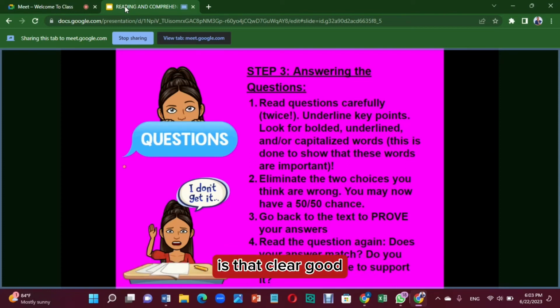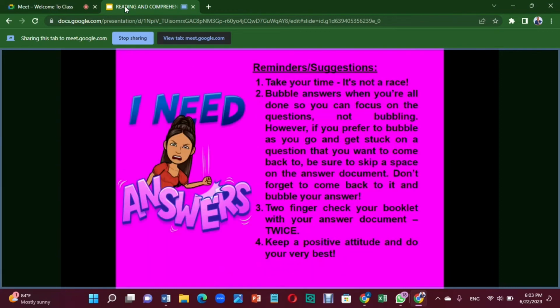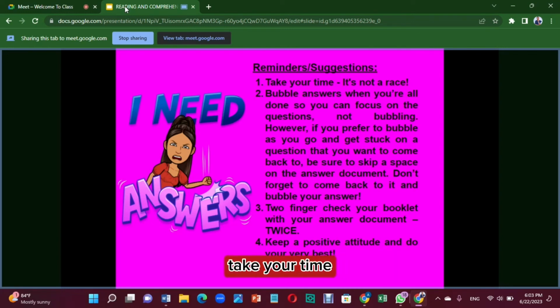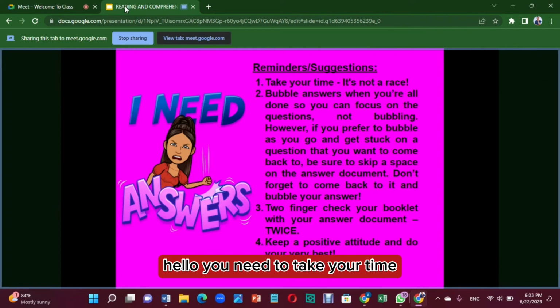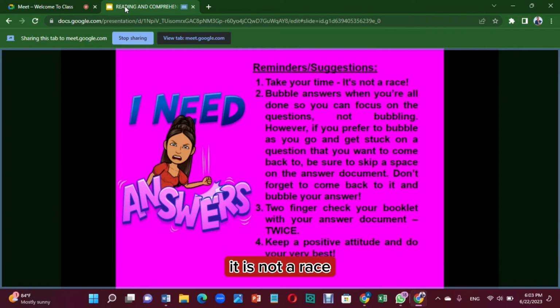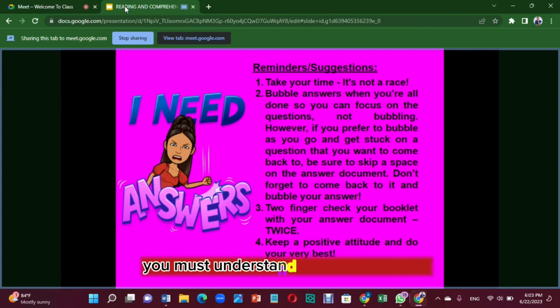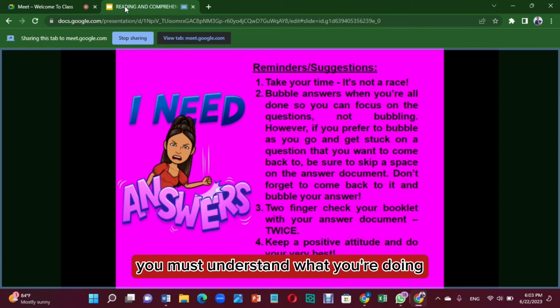Is that clear? Good. Let's go to the fourth step, which is reminders and suggestions. Take your time. Hello, you need to take your time. It is not a race, even though you are timed, but you don't have to rush your passage. You must understand what you're doing. You must understand your passage first before you even delve into questions, all right?